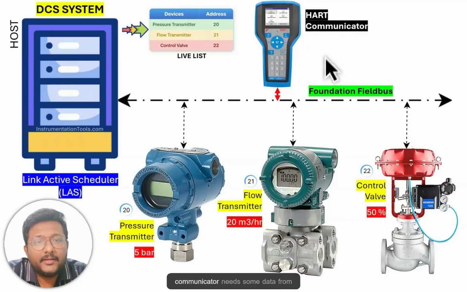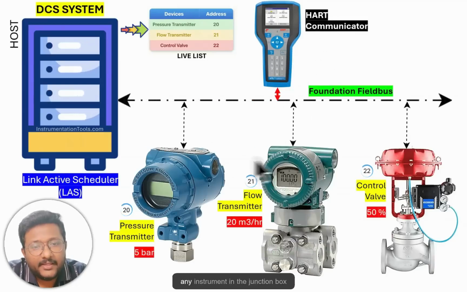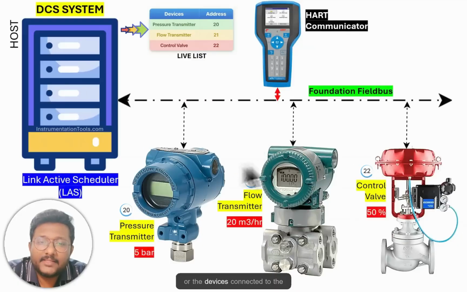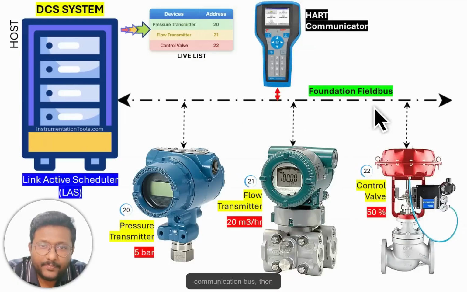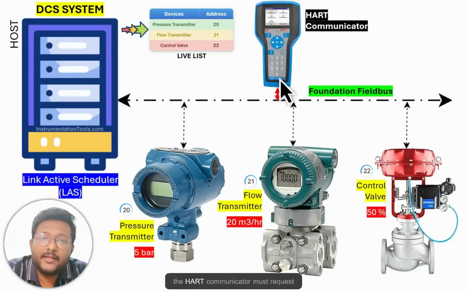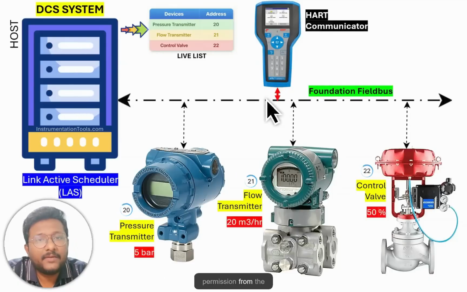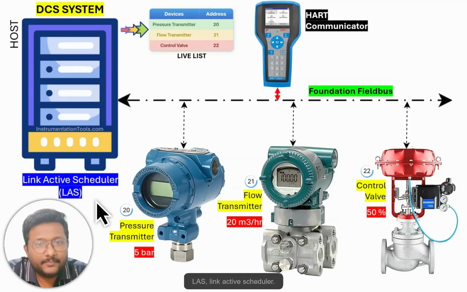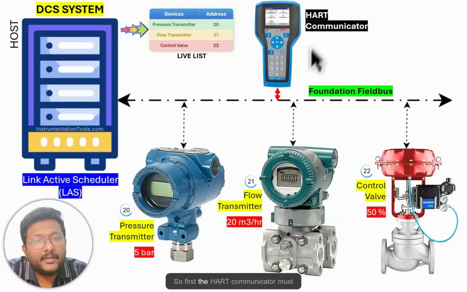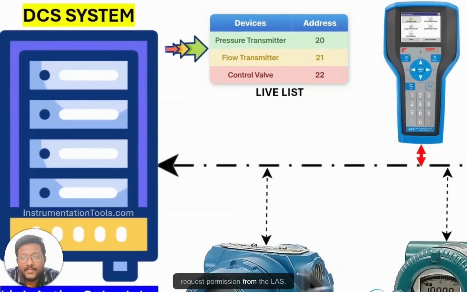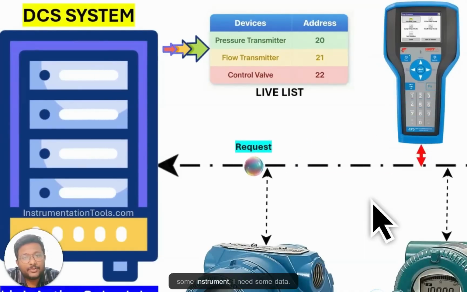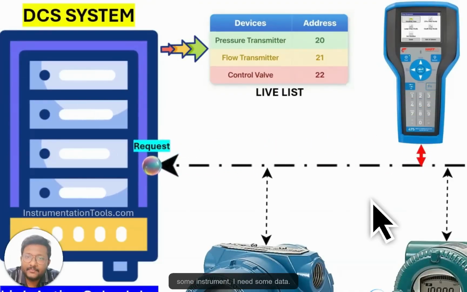Whenever the HART communicator needs some data from any instrument in the junction box or the devices connected to the communication bus, the HART communicator must first request permission from the LAS, Link Active Scheduler. So it will send a request that I need to communicate with some instrument, I need some data.